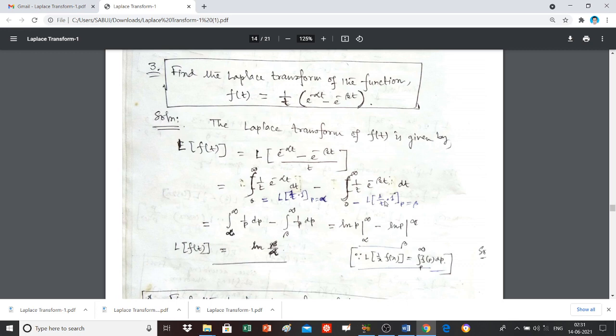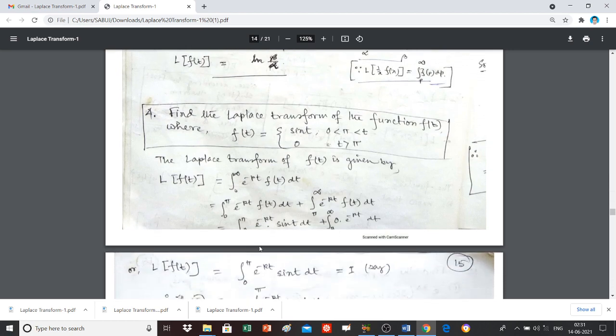From this term, since in this case p is equal to beta, so beta to infinity, and the Laplace transform of 1 is 1 by p, and then dp. So that is equal to log p from alpha to infinity, minus log p from beta to infinity. Just simplify this, and that will give you log beta by alpha. So this is the result.